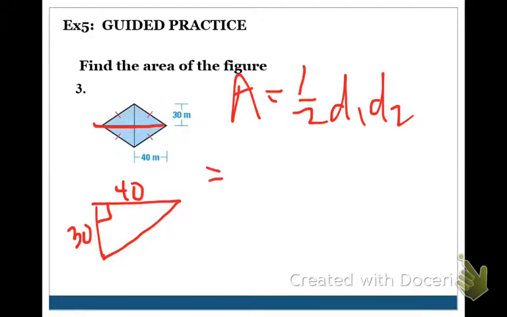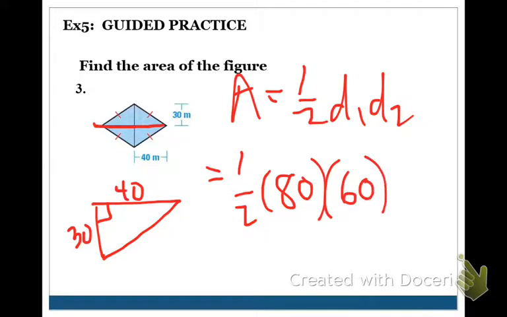Okay, so it equals 1/2 of 80 times what's D2? 60. 80 times 60. Okay, so that's going to be 40 times 60. Should be 2,400 meters squared.